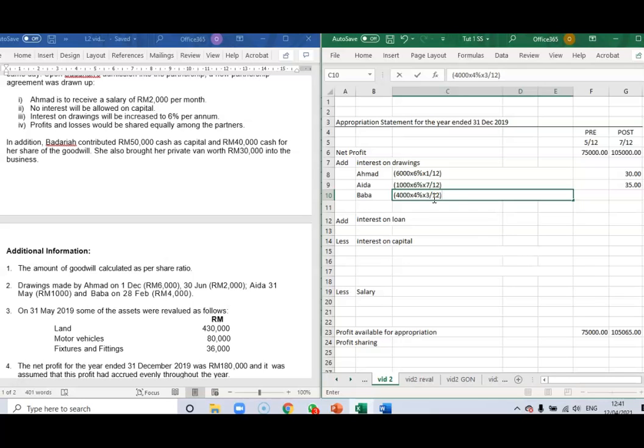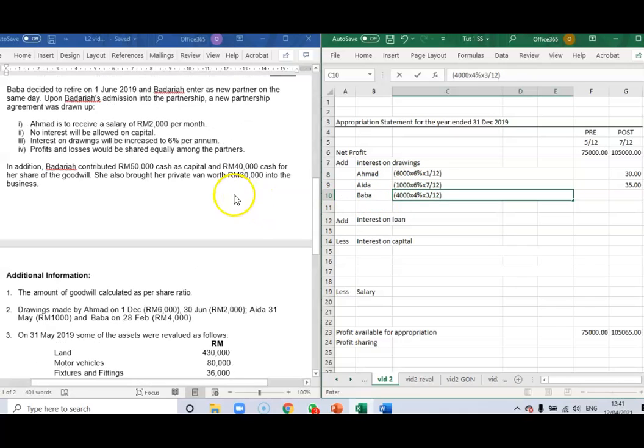If Baba continued the partnership, you would need to add 4,000 multiplied by 6% and 7/12. If Baba had not retired and continued to exist as a partner, the interest rate for drawings would continue for the post. However, in the question, Baba decided to retire on the 1st of June.